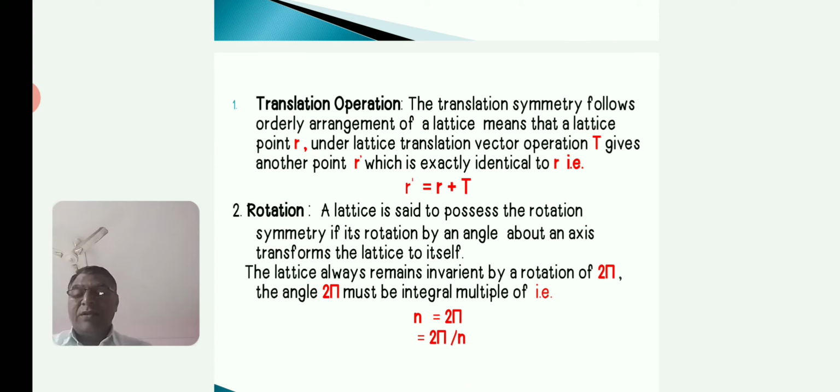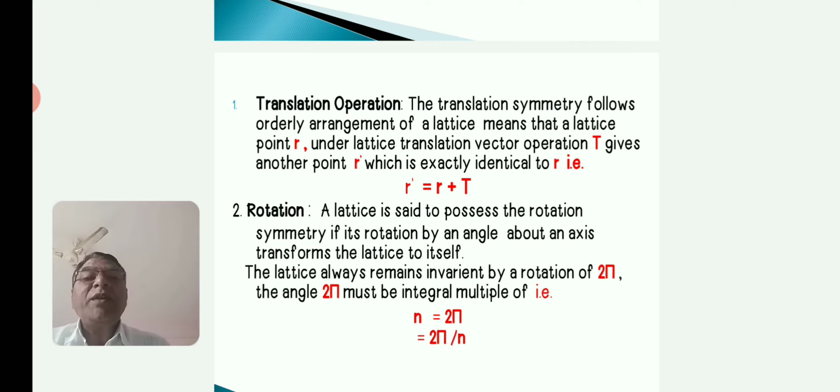Second is rotation symmetry operation. First of all, we define the rotation. A lattice is said to possess rotation symmetry if its rotation by an angle theta about an axis transforms the lattice to itself. The lattice always remains invariant by a rotation of 2 pi.